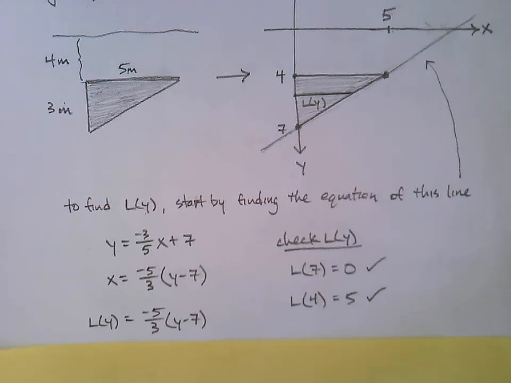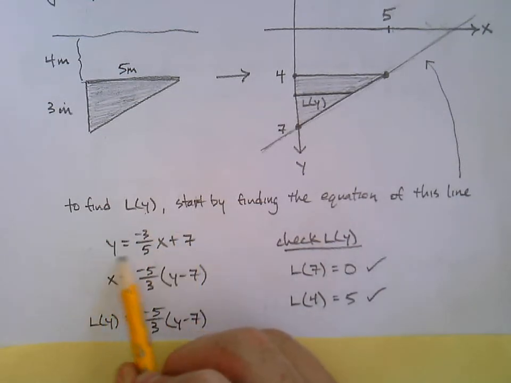Okay, so at this point, some of you might be scratching your heads, and you're thinking, okay, I see the equation of the line. I see we solved it for x, but I still don't connect it to why that would describe the length. So maybe I can help connect the dots a little bit more.